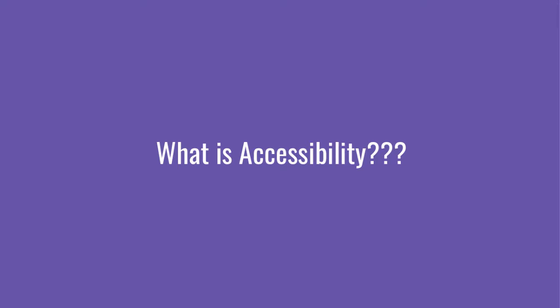So we want to begin by talking about what is accessibility, and specifically what is accessibility in the context of your files and resources in your course. So you can think of accessibility as a way for you to ensure that students of all abilities, all technology backgrounds, and different technology hardware and internet connections are able to read, view, and listen to your course material.